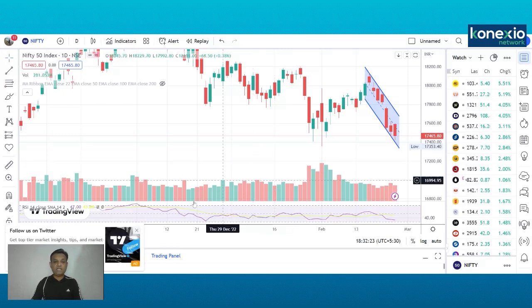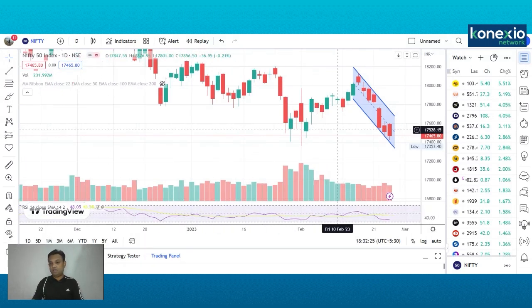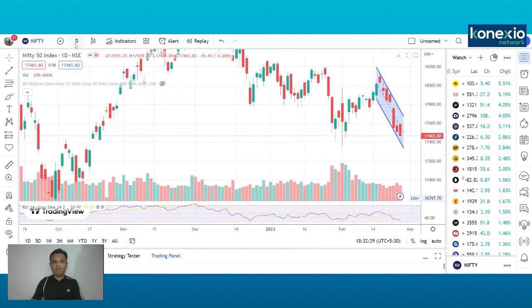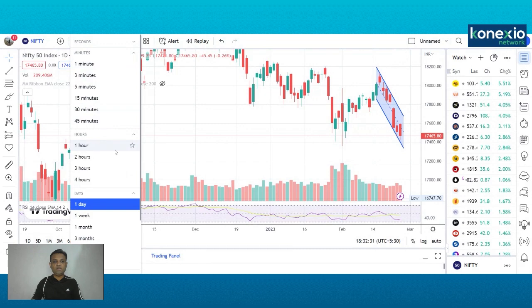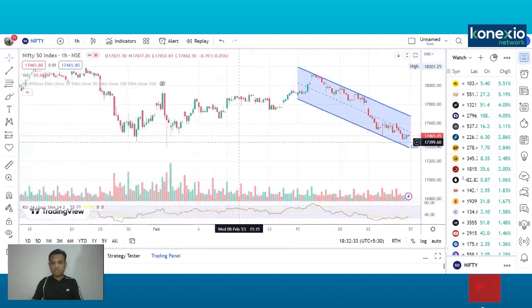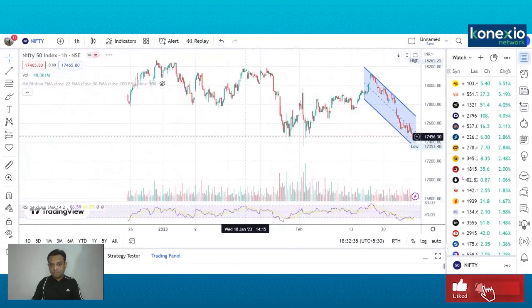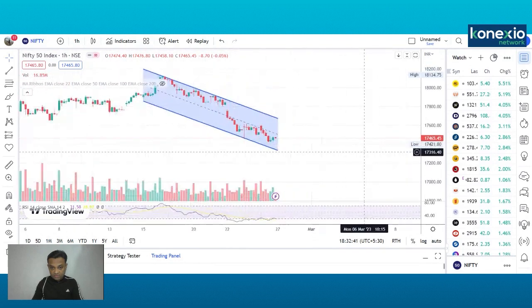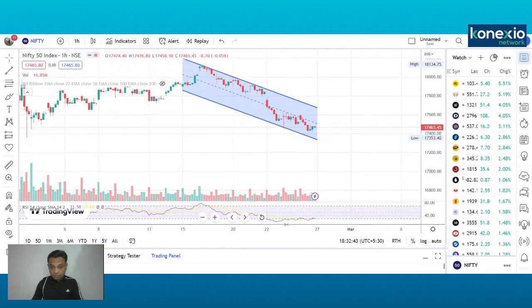Now, this is the daily chart, and as I said, RSI is also negative, but if I take this chart on an hourly basis, you can clearly see the hourly RSI has entered oversold territory. RSI on the hourly chart is clearly showing some sort of positive divergence.